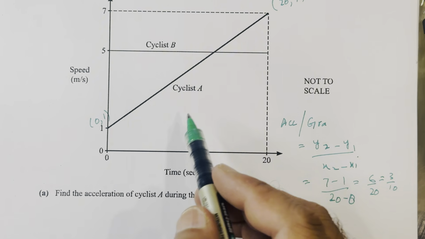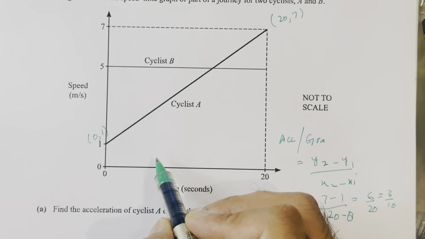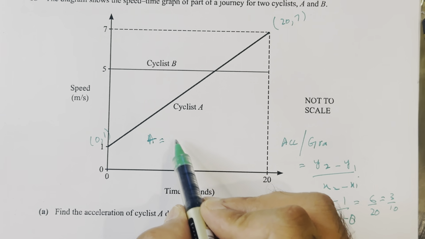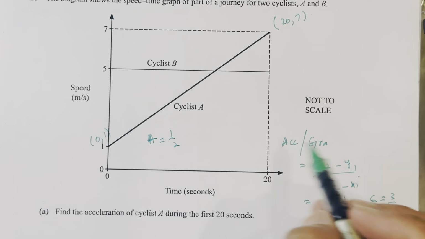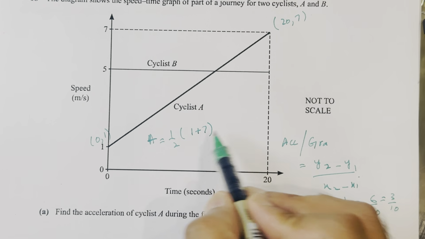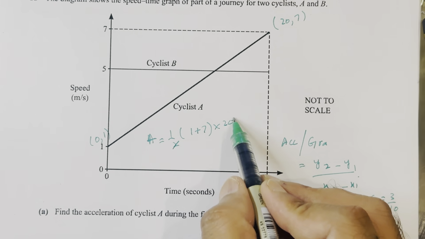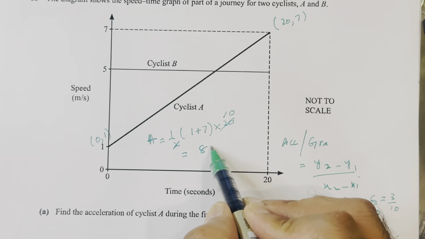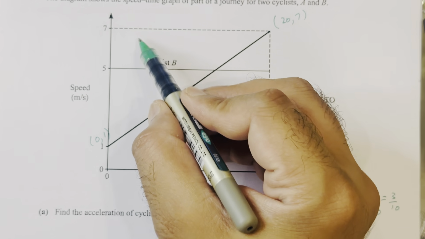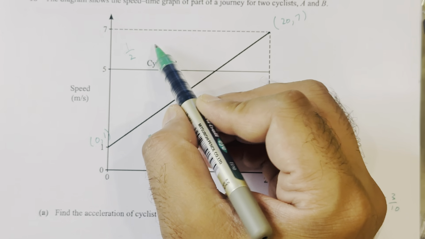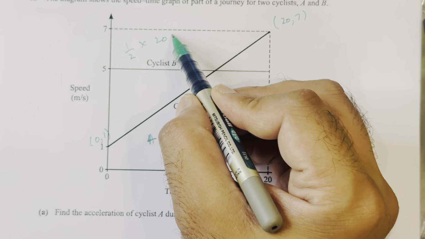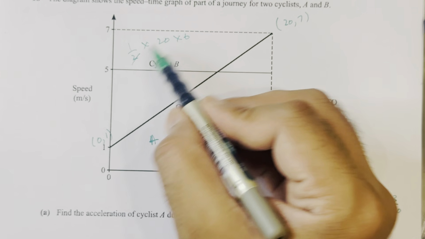For cyclist A, it is the shape of a trapezium, so I'm solving over here: 1 over 2 times the sum of parallel sides, 1 plus 7 are the parallel sides, and the height is 20. 80 is the answer. The distance covered by cyclist A is 80. And for cyclist B, the shape is a triangle: 1/2 base times height. Base is 20 and height is 6. So we're going to solve it.